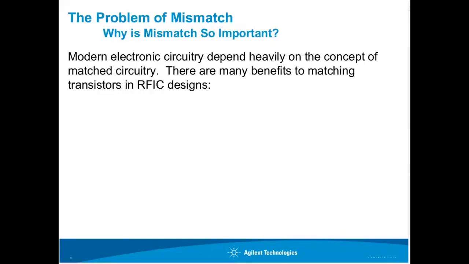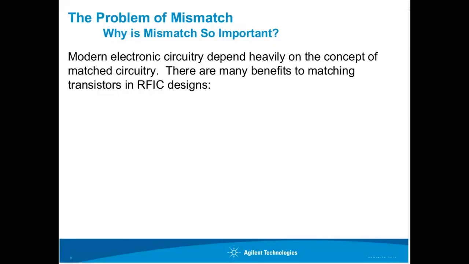In the early days of silicon technology development, it was realized that it was very difficult from wafer to wafer and from lot to lot to produce transistors that were identically the same as the previous lots or wafers. But at the same time, it was realized that it was very possible to build devices on the same die, which were extremely close in terms of their characteristics to each other.